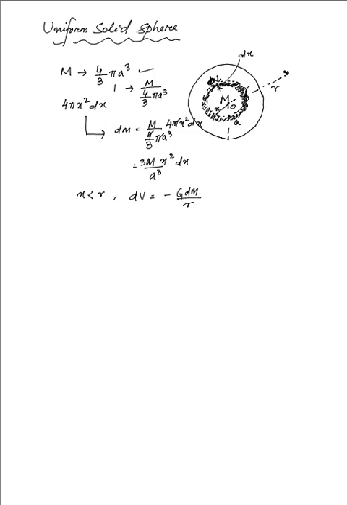And as far as x being greater than r is concerned, we have dV equal to minus G dm divided by x.